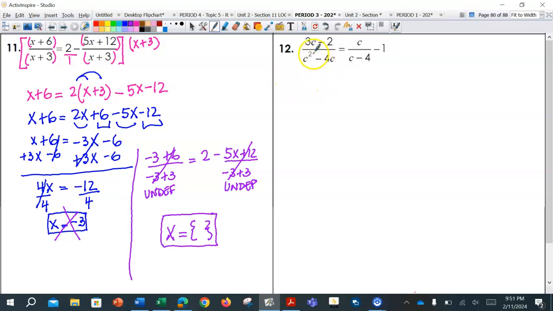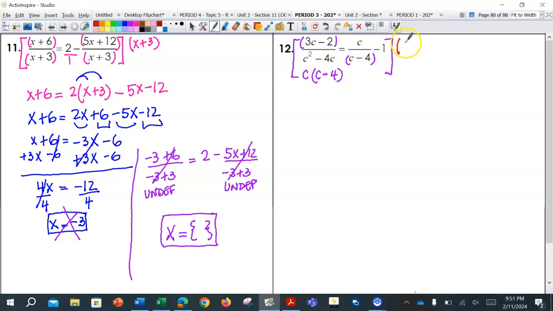Okay, number 12. So we know that if I factor c, I end up with c minus 4, right? And it's very helpful because we have here c minus 4. So we are going to multiply by the common denominator, the greatest common factor, and the greatest common factor in this case is whatever they have in common times whatever they don't have in common.